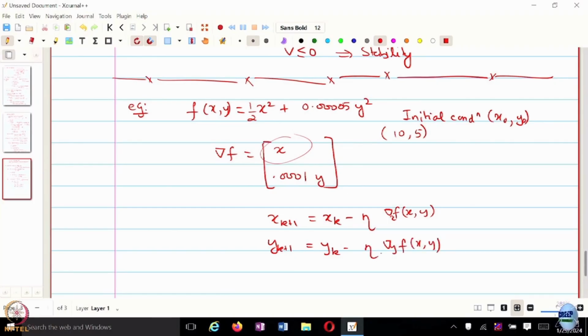If I look at these updates, while in the x direction I will be making a huge update, in the y direction that does not change by much, right.